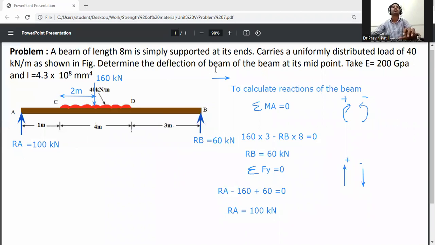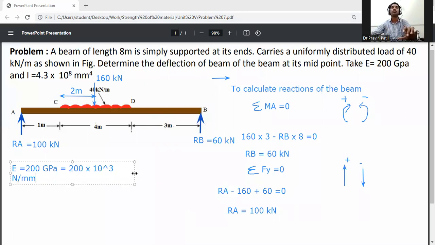Next, Young's modulus is given. E is equal to 200 GPa. Convert it into Newton per mm square, that is 200 into 10 raised to the power 3 Newton per mm square.